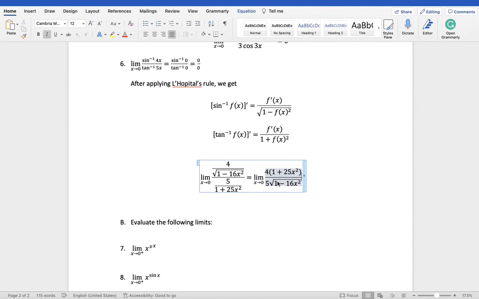Right? Now, can anyone tell me what happens when you substitute in the value of x here? What do you get? You get 4 over 5.